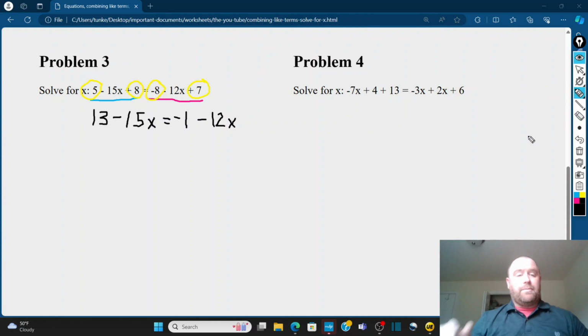This time, just for fun, I'm going to move the x's to the left-hand side, and I'll do that first. Doesn't really matter whether you do the numbers or the x's first. So I'm going to add 12x to undo the subtraction of 12x on the right-hand side. Because I added 12x on the right-hand side, I also have to do it to the left. So I'm going to add 12x here.